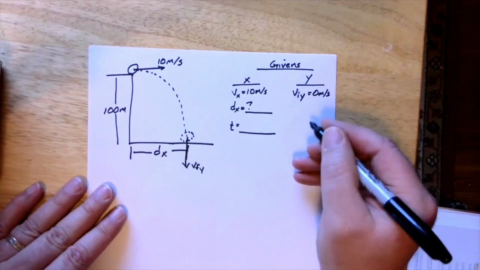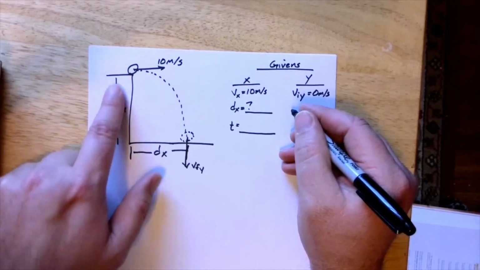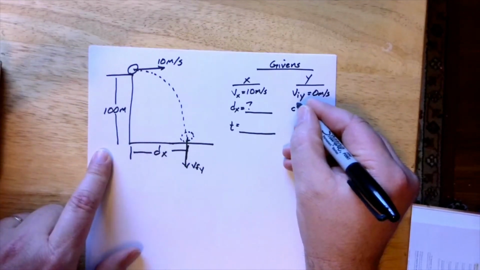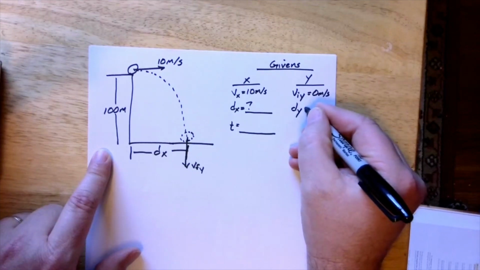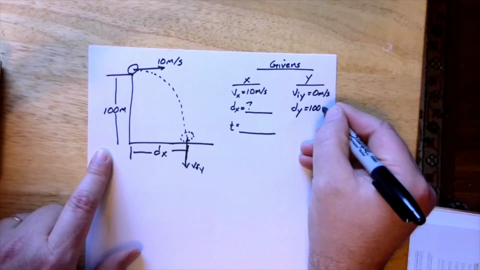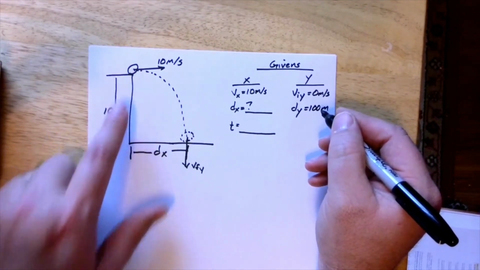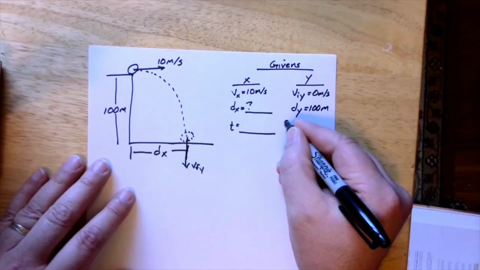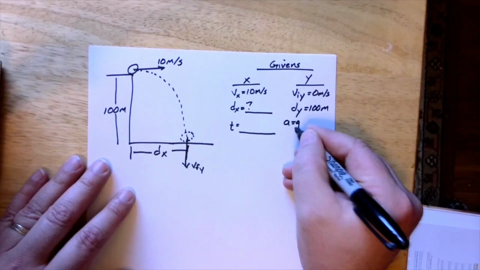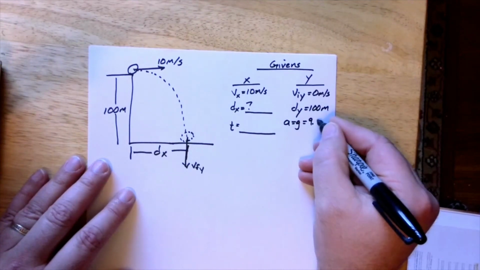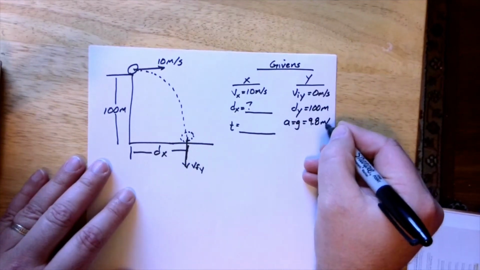Is there anything else we know? Well, the distance in the y direction here is 100 meters. Now, is there anything else? Yeah, gravity. The acceleration of gravity is 9.8 meters per second squared.